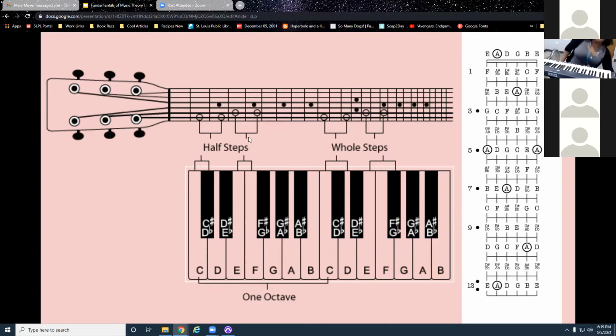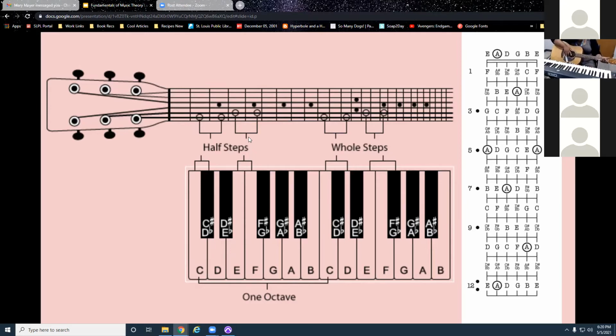For the guitar, it's the same thing. If we start here, and hopefully this is not too far away, I'm pressing down on this little white thing, and this side is showing you all the frets and all the notes that they represent.